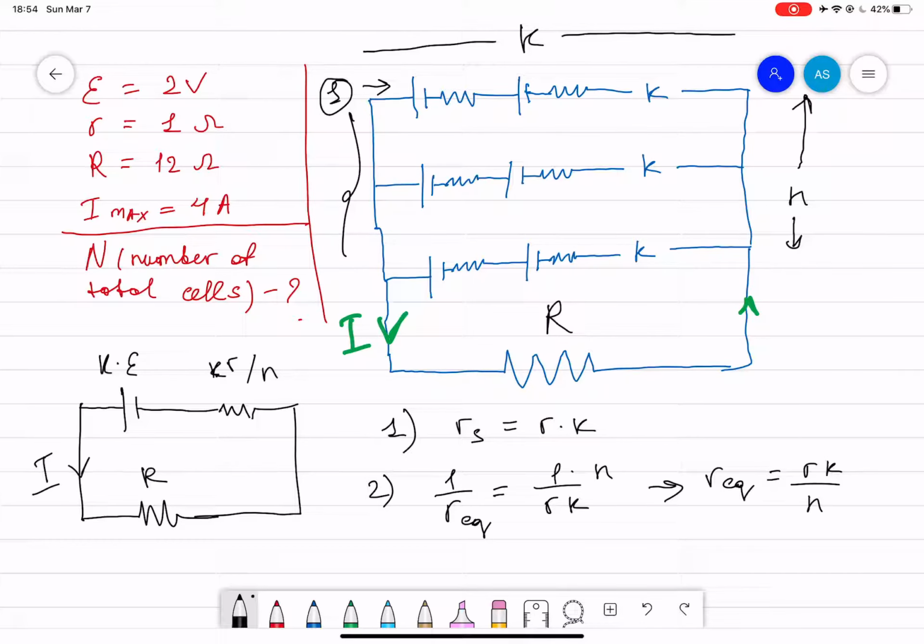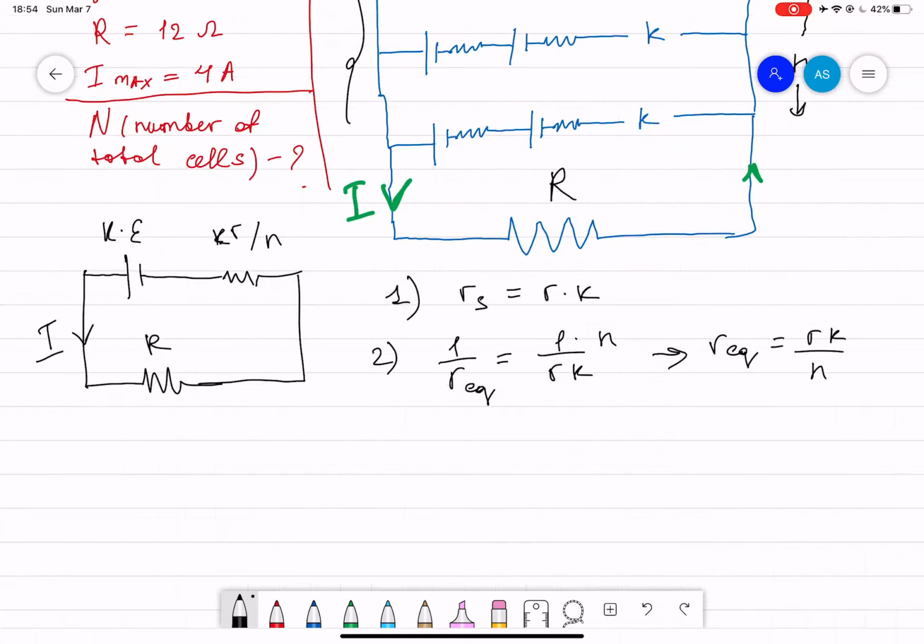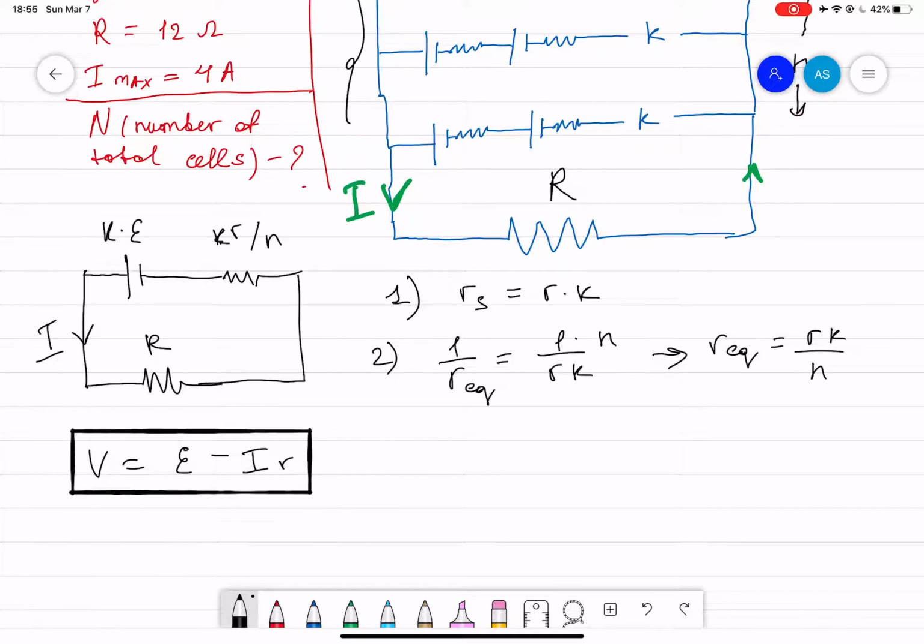The next thing is that we know the equation for a battery. The simplest is V equals EMF minus Ir. This formula is well known.